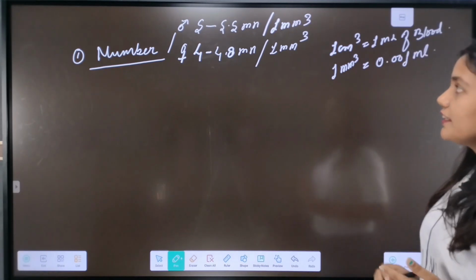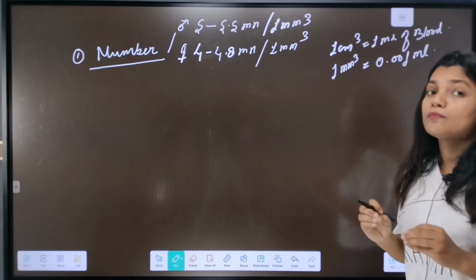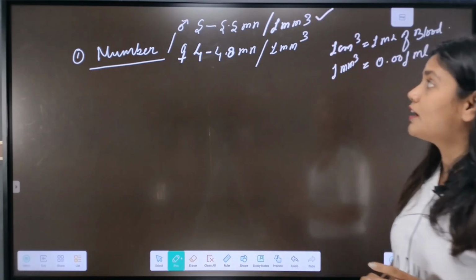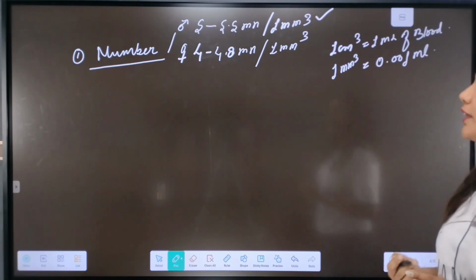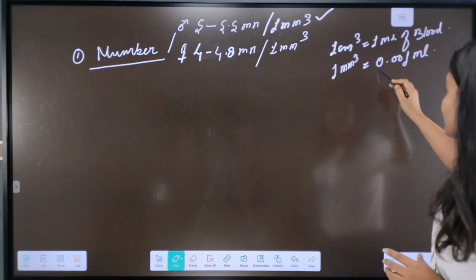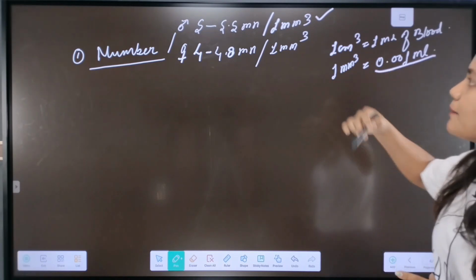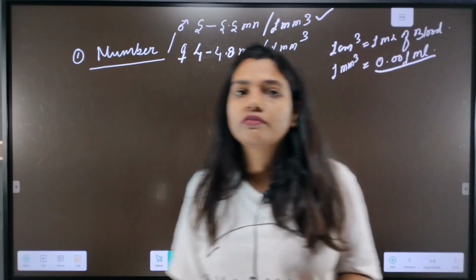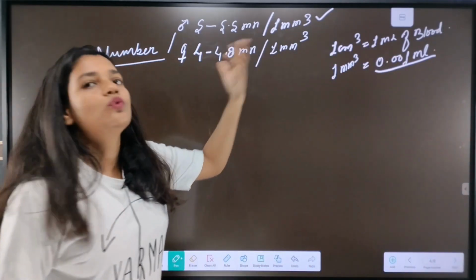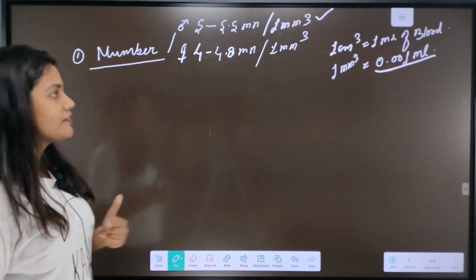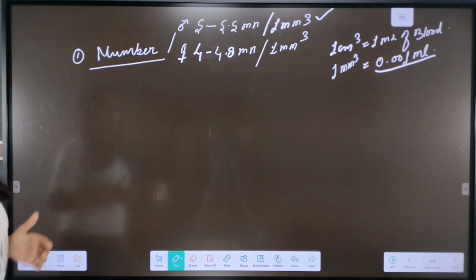So you can see, this much small amount of blood carries this much larger amount of RBCs, and it becomes even greater if the person is living at high altitude in comparison to the person living on the plains.